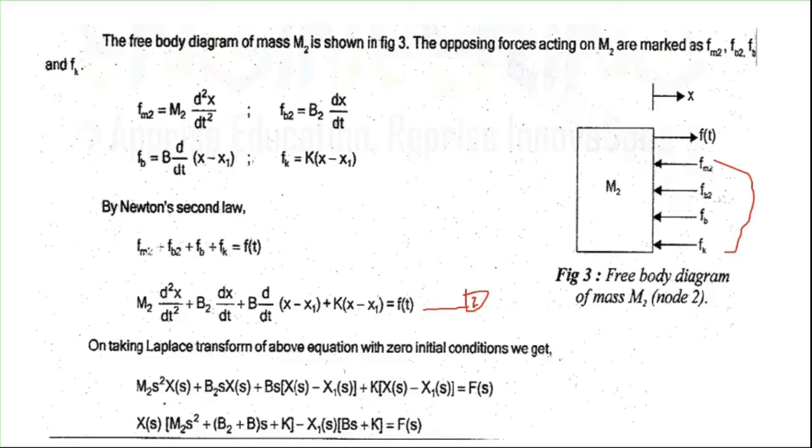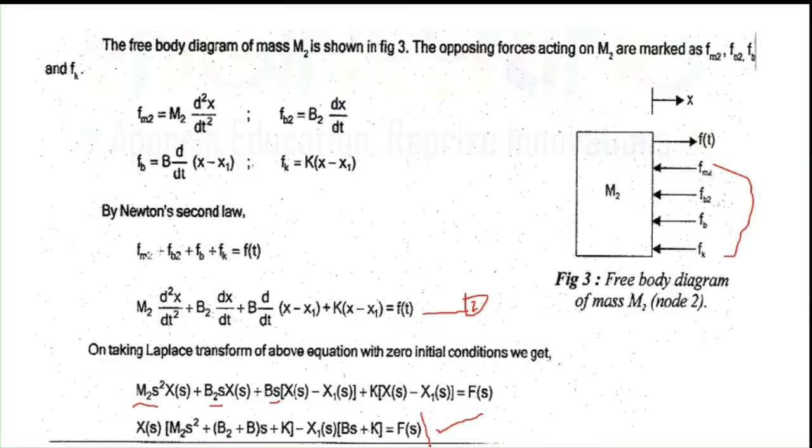Now take x of s common and x1 of s common: x of s into m2s square plus b2s plus bs, that is b2 plus b into s, plus k. Now take x1 of s common: x1 of s into bs plus k, with a minus sign, equals f of s.